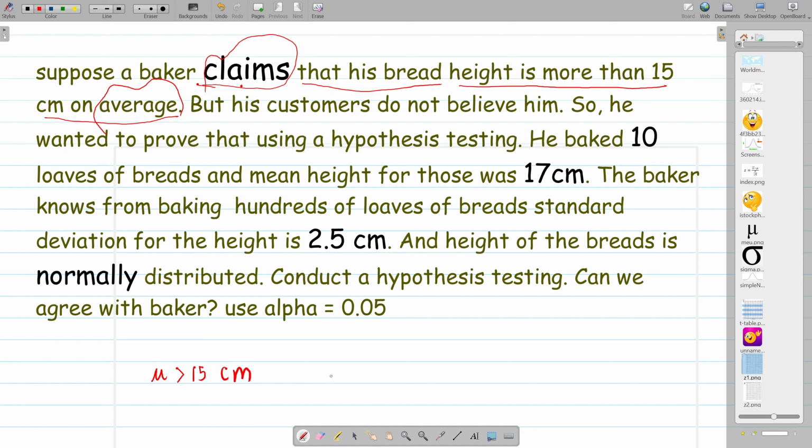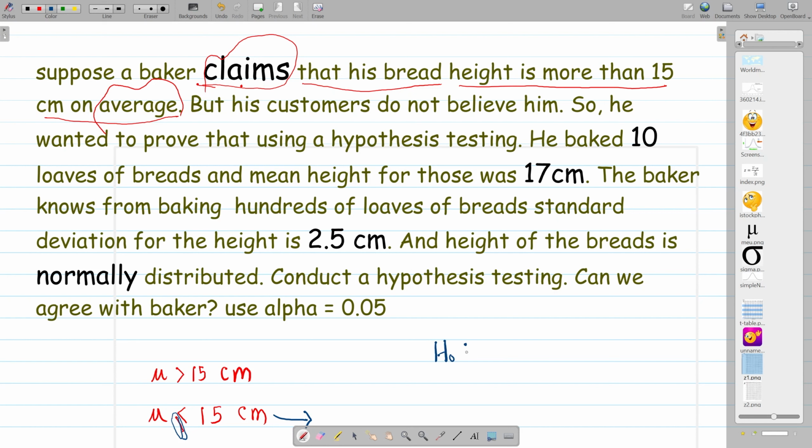Next, we should write down the symbolic opposite of this claim. Symbolic opposite of this one is mu less than or equal to 15 centimeters. Since this statement contains the equal sign, that goes to the null hypothesis.